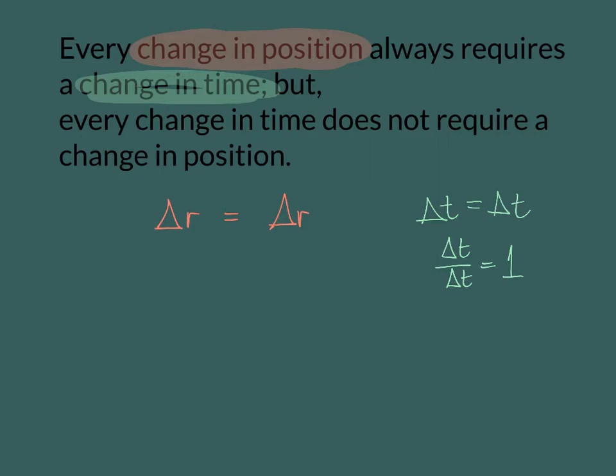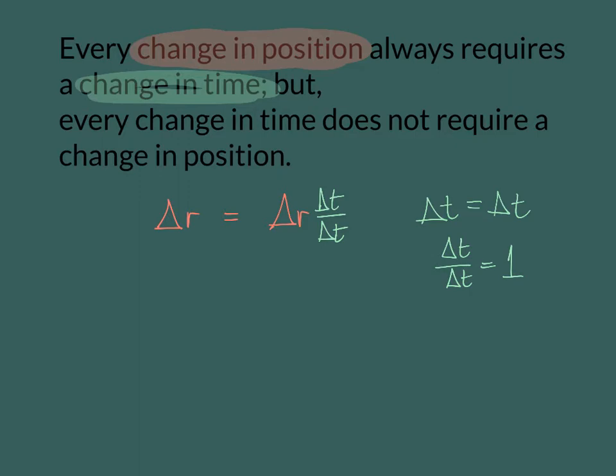So we bring that fancy form of 1 into the picture, and at this point, all we've done is preserve the identity on the dependent variable. That's all we've done so far.